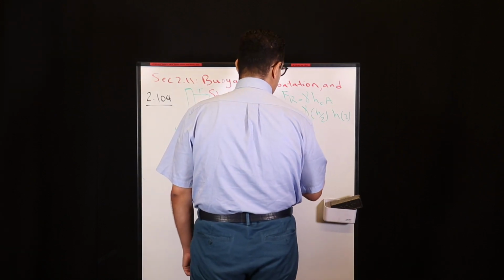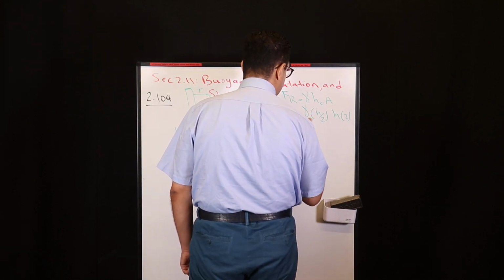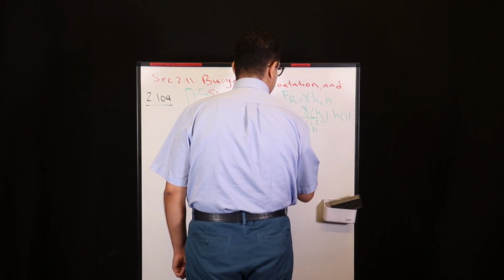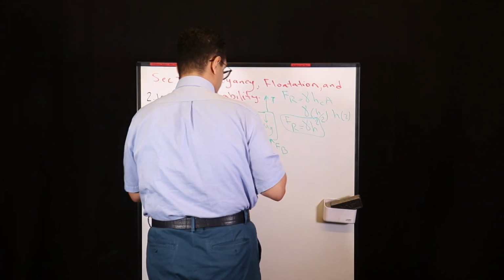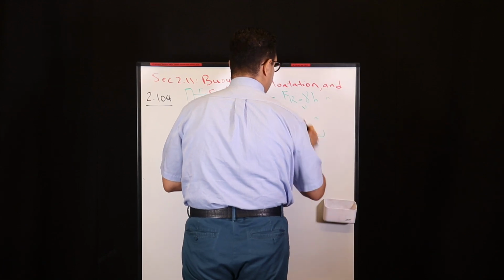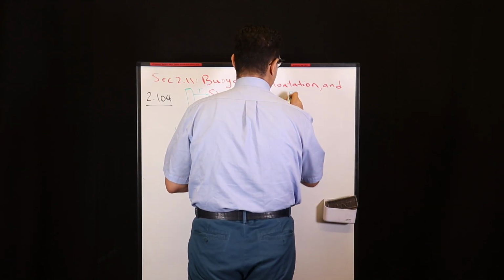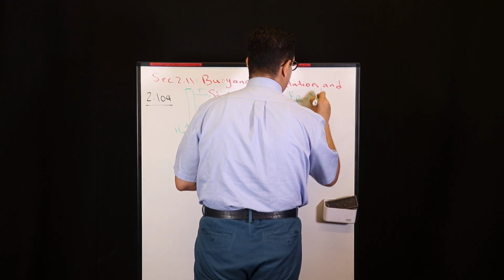So, as a result, we're going to have Fr as gamma H to power 2. Fr is equal to gamma H2.